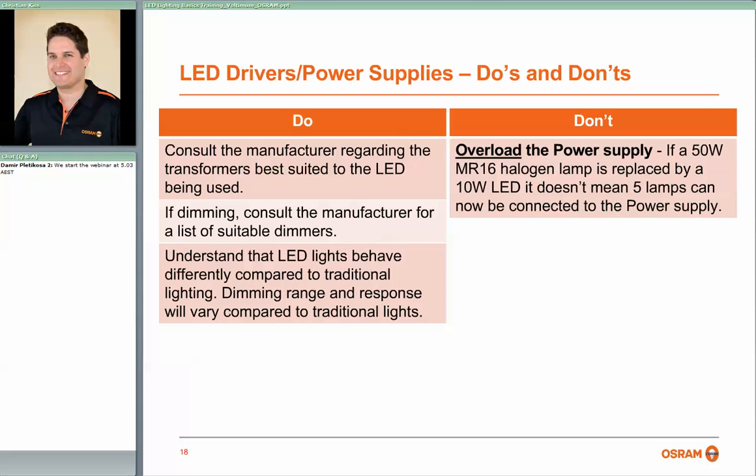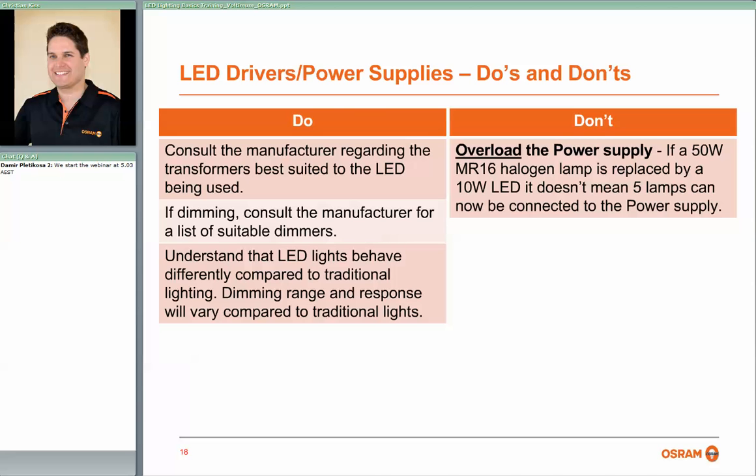Some of the don'ts on the power supply side: obviously, don't overload the power supply. When we're talking about MR16 LED type lamps specifically, which we've been talking about a fair bit, with those lamps which you're putting onto a halogen transformer, one important thing is not to overload the transformer by thinking, okay, it's a 10 watt LED, I can put 5 lamps on there.